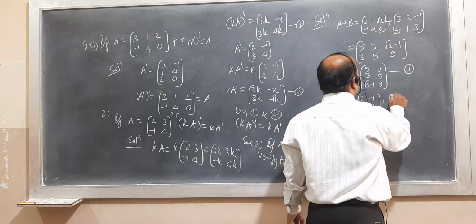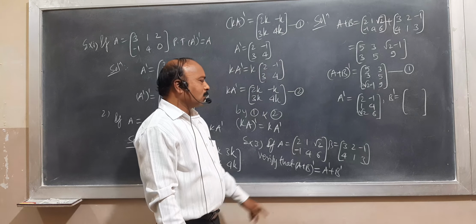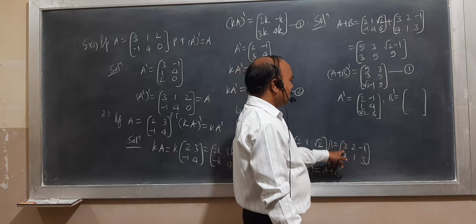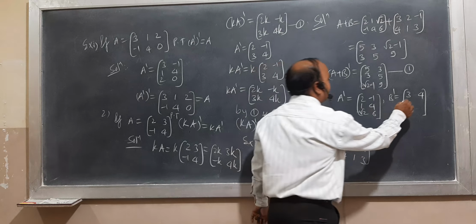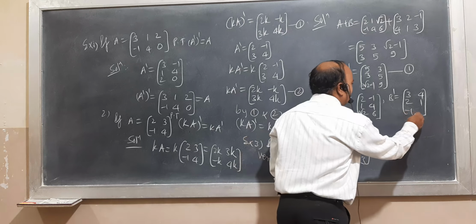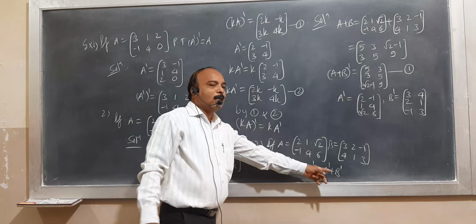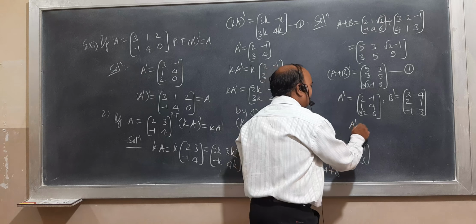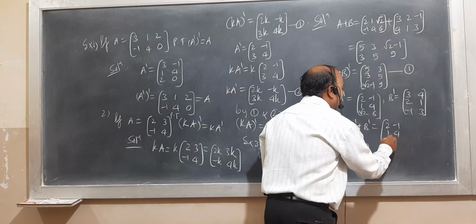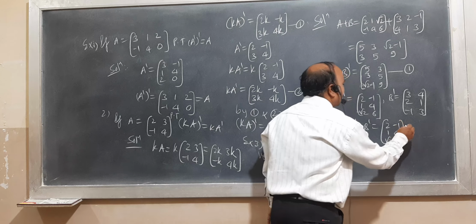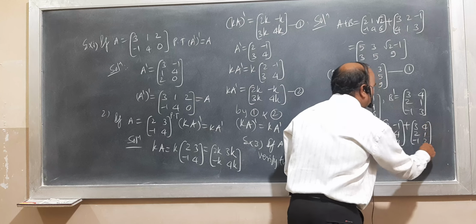And you calculate B dash, the transpose of B. Now you transpose this B matrix: 3, 4, 2, 1 and minus 1, 3. Then on the right hand side you need A dash plus B dash. For that you calculate the A dash plus B dash matrix: 2, minus 1, 1, 4, root 2, 6 plus 3, 4, 2, 1, minus 1, 3.